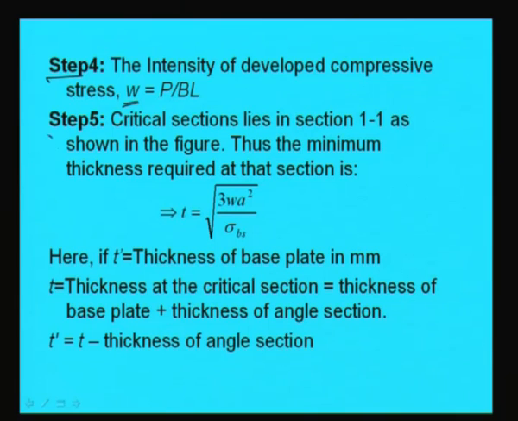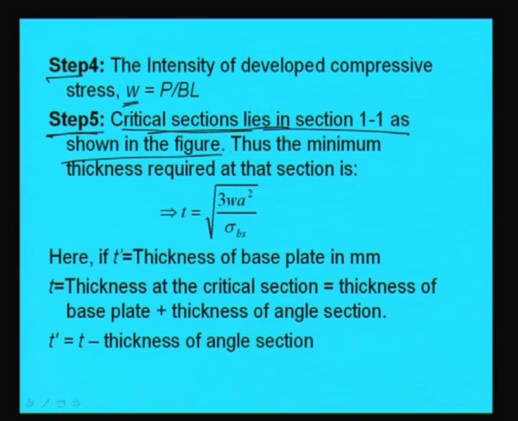In step 5, what will we do? We will find out the critical section, which lies at section 1-1 as shown in the figure. Accordingly we have to find out the thickness.